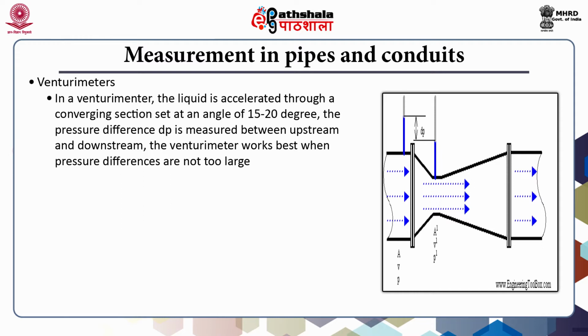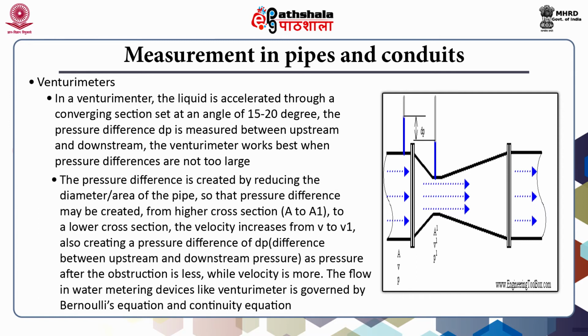What that means is that if the pipe has a particular diameter, it has a certain cross-sectional area and a certain velocity of flow. By creating this kind of constriction, we change the diameter of the pipe, and as we have changed the diameter of the pipe, a pressure difference is created, and that pressure difference is measured with the help of the dP.